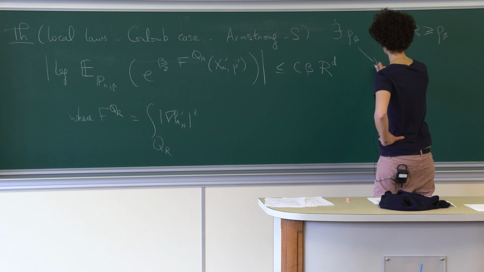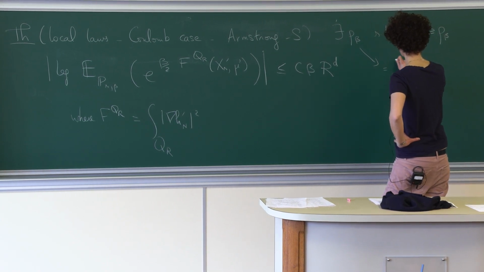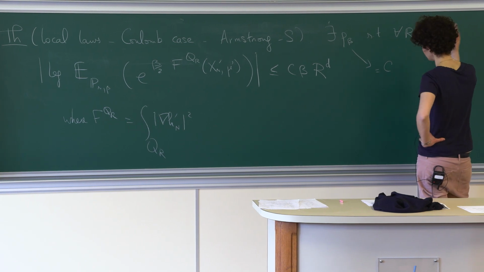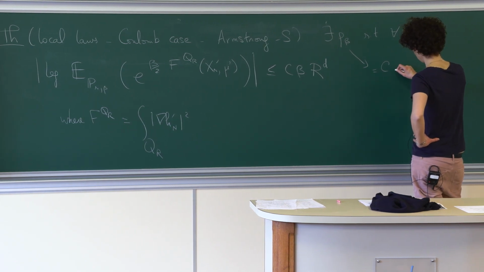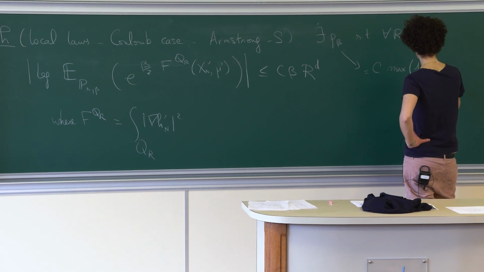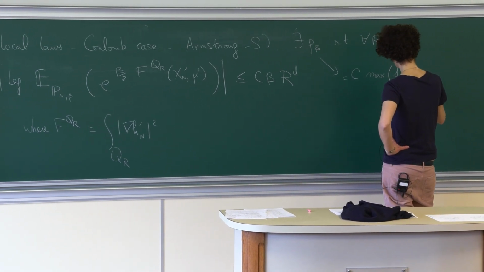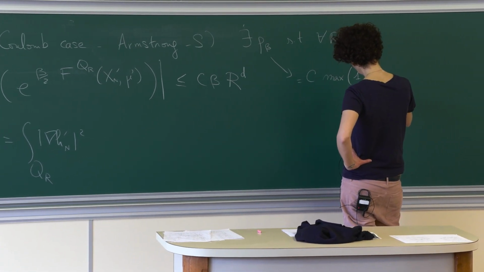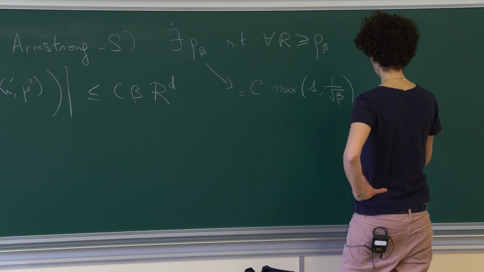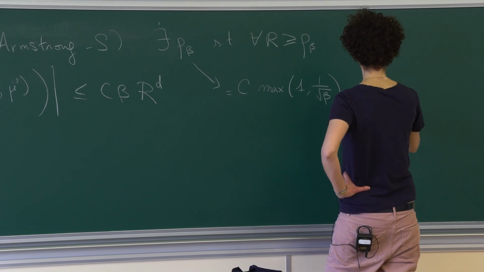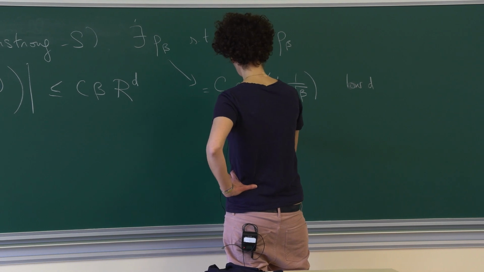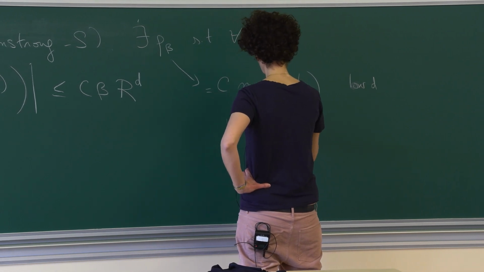And rho_beta is actually a constant independent of anything except maybe dimension, and the max of 1 over square root beta, at least in low dimension. In higher dimension we have some worse thing. But this is not sharp.